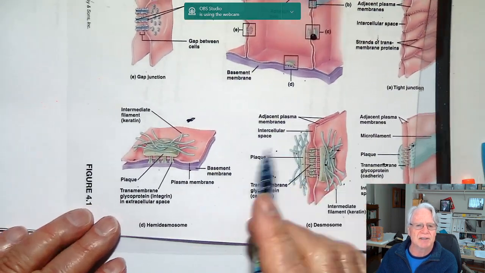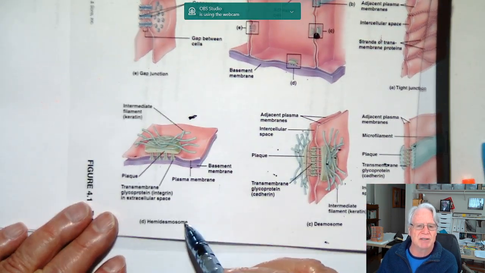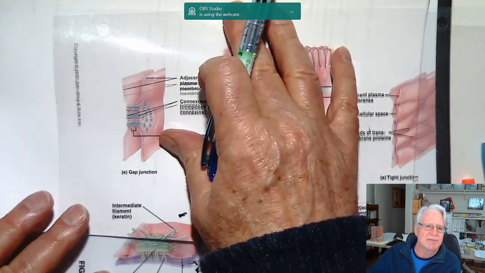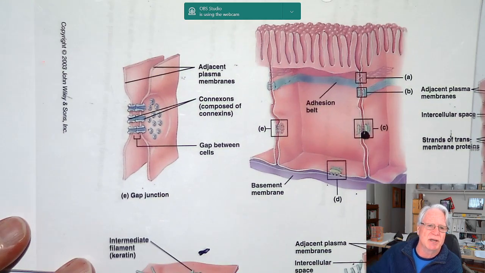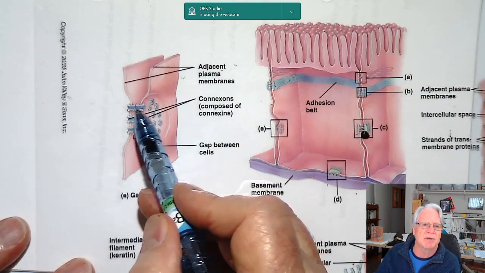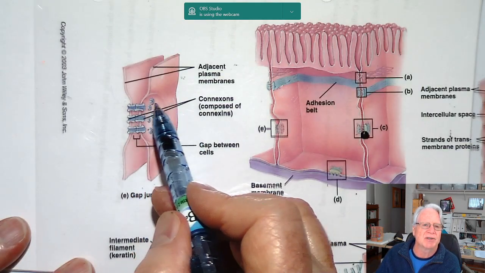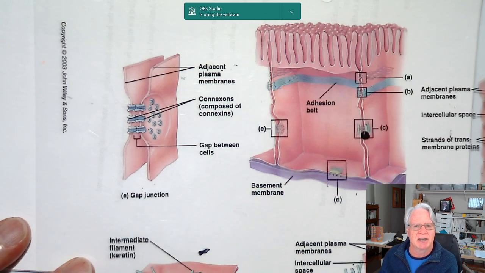If we want to connect the cell to the basement membrane, we're going to use a hemidesmosome. And then finally, if we want to connect one cell to another cell in such a way that we can instantly communicate information from one cell to the other, we're going to use gap junctions, as you see here. Okay? All right.